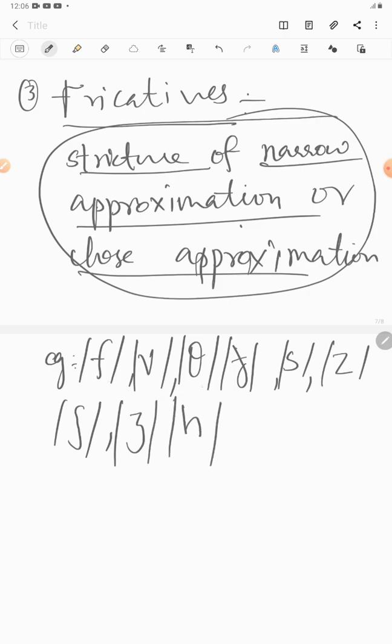Okay, so these are the 9 fricative sounds in English.